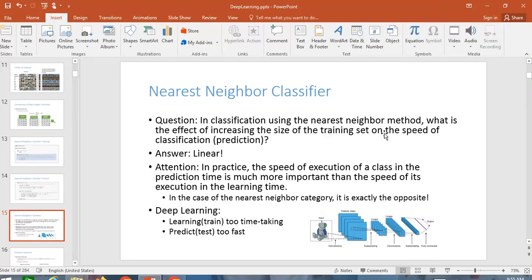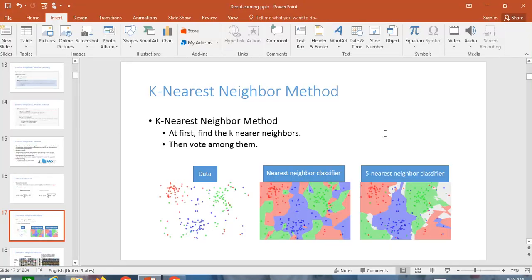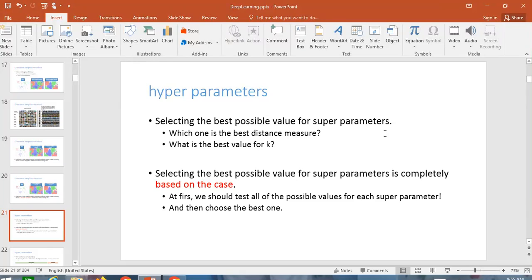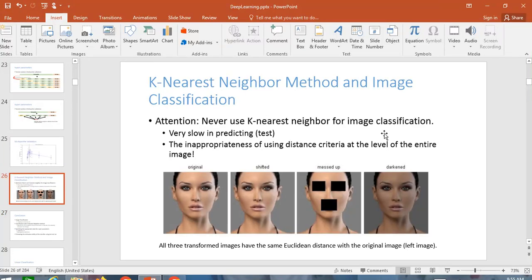The point is that we cannot use nearest neighbor in image recognition. Pay attention to this slide. They are all one image.